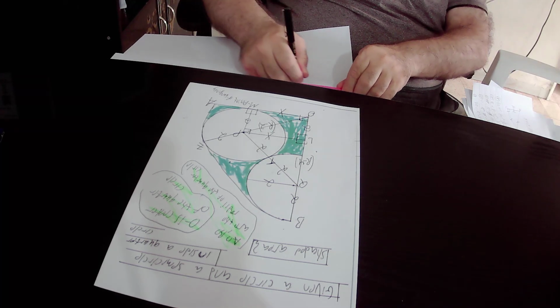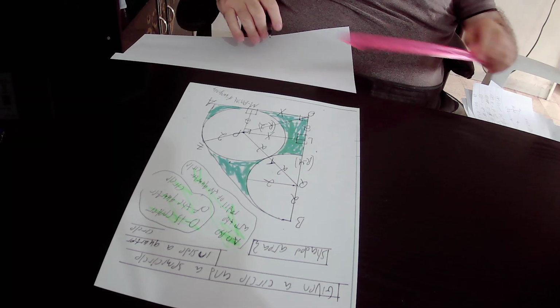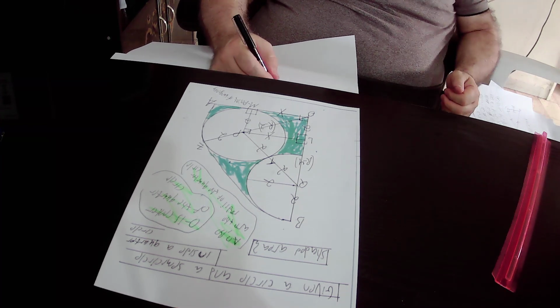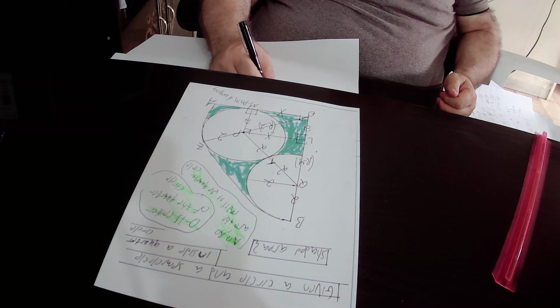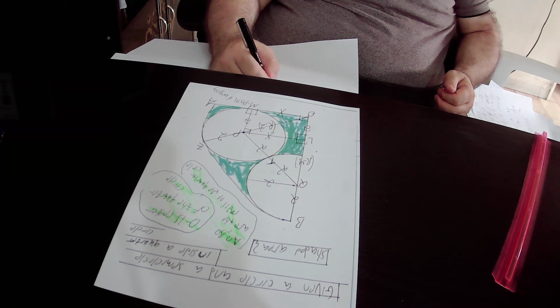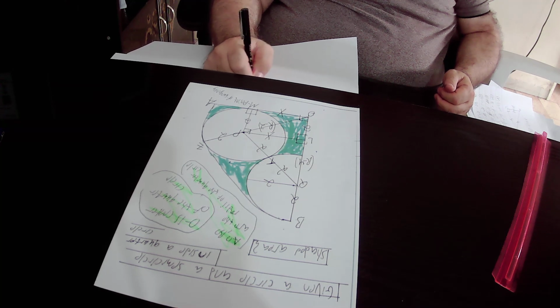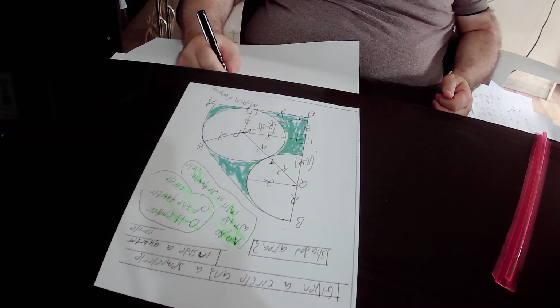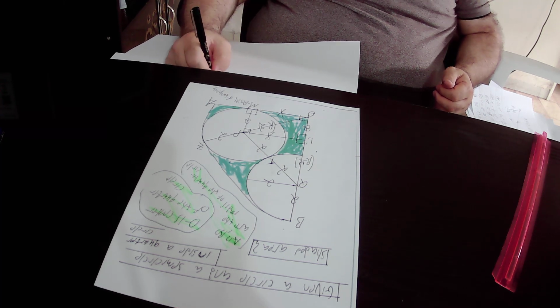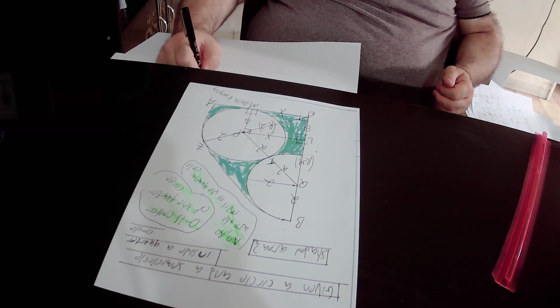It is very easy to see from the drawing that the value of the shaded area equals the area of the quarter circle minus the area of the circle minus the area of the semicircle.